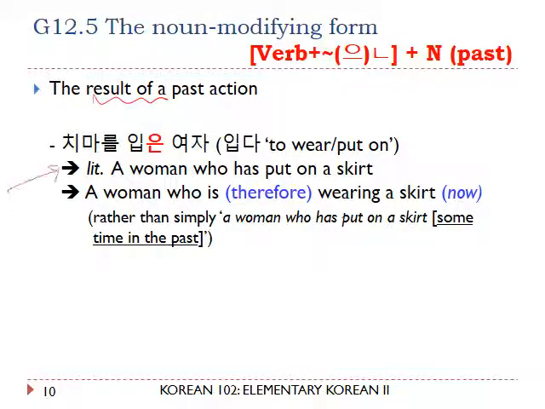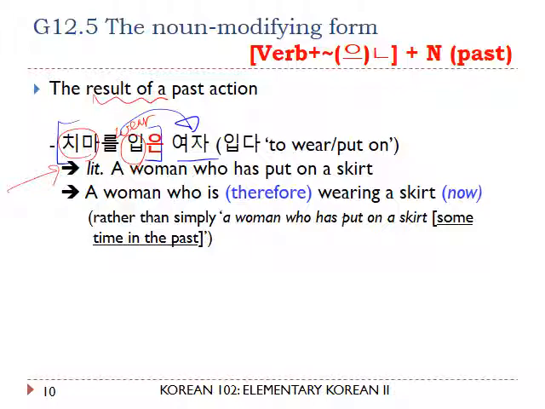For example, 치마를 입은 여자. 치마, skirt. 입 is the stem of the verb 입다, to wear, and 은 is a noun modifying suffix. So 치마를 입은 functions as a noun modifier. It modifies the following noun, 여자. So this expression literally means a woman who has put on a skirt.